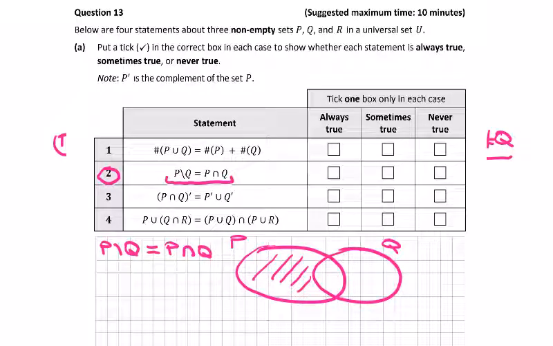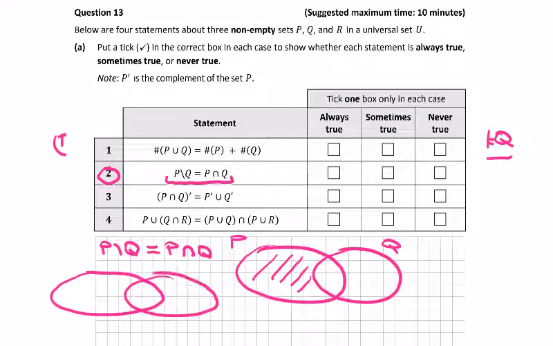Now, is that equal to P intersection Q? Well, let's do P intersection Q over here. This is P less Q. P intersection Q is in here. So that's not true. It's definitely not always true. It's not sometimes true either, so it has to be never true. So never true. The first one was sometimes true.